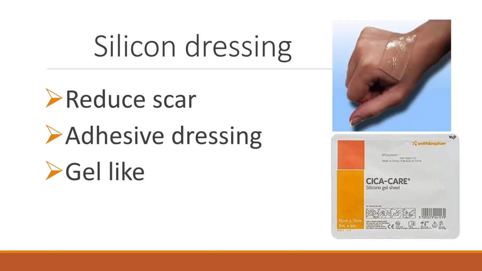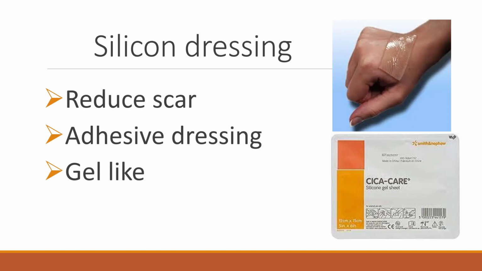And silicone dressing, this helps to reduce scarring. In some plastic surgery clinics, they use this one a lot, especially after surgery, when they have wounds with stitches. On top, when they put this silicone dressing, they can reduce scar formation, and because it can attach to the skin, it stays there.